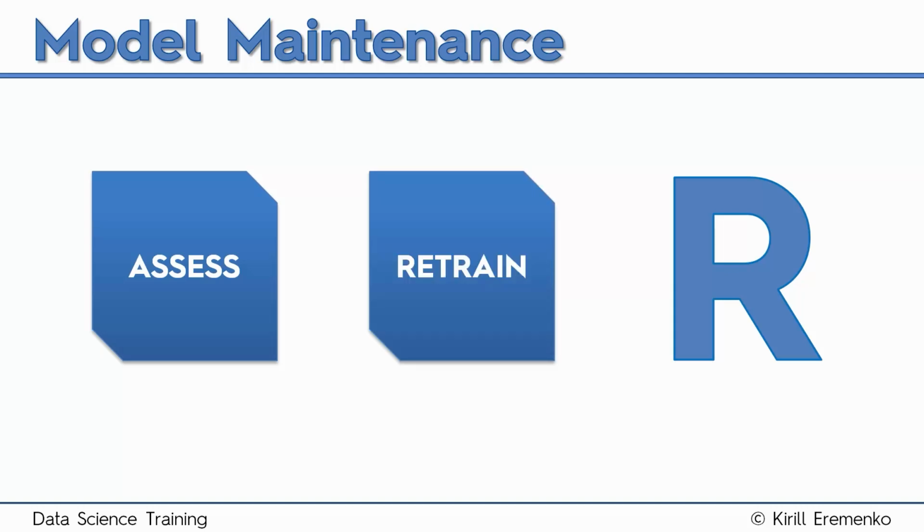The next letter is R for retrain. This is the point where you're not happy with how your model is performing. The cap curve is flattening out, and you've got to do something about it. So retrain implies keeping the variables that you've already selected. In retrain, you don't have to do that whole process that we went through.